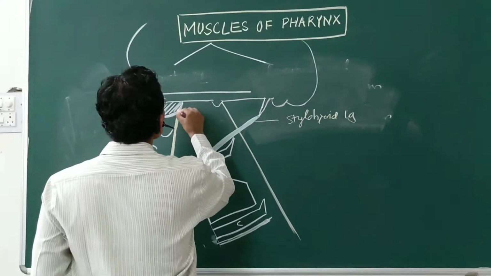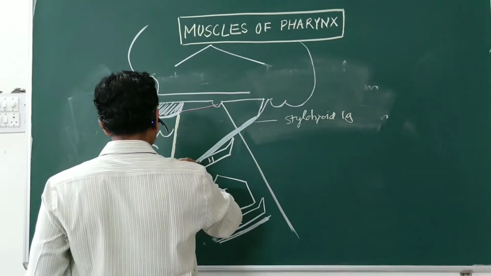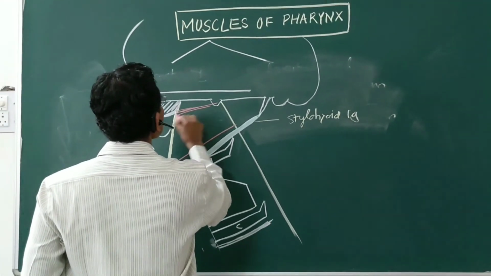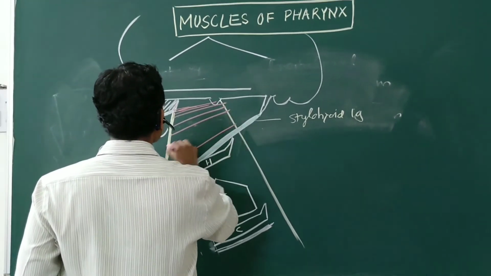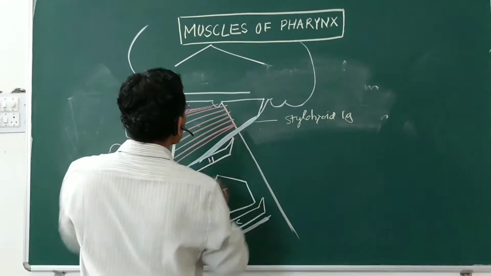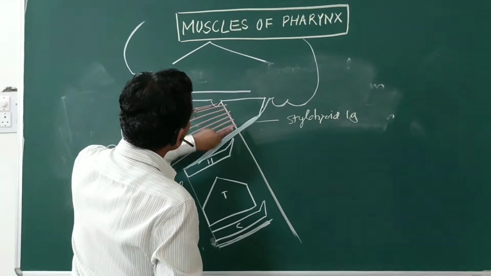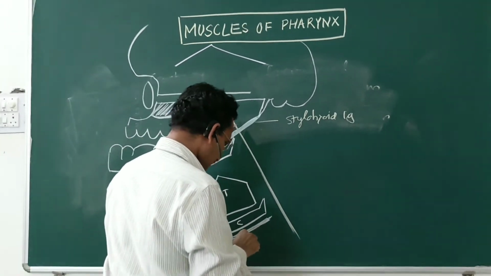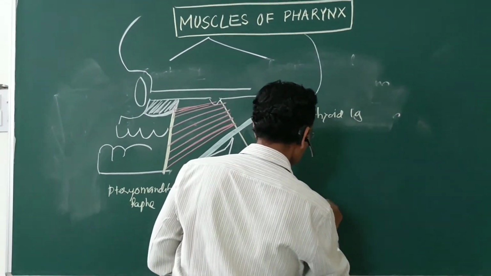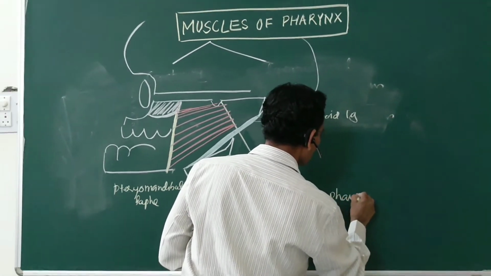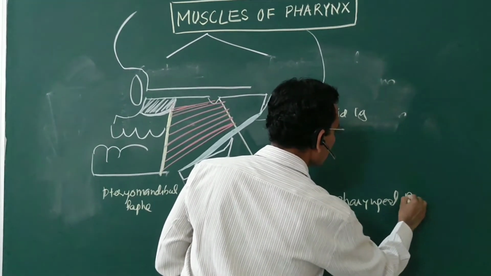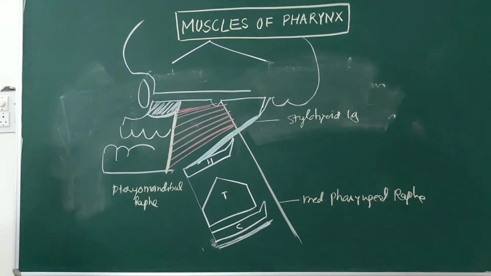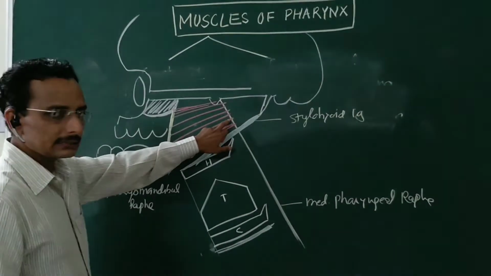This is the pterygoid hamulus, this is the pterygomandibular raphe, and this is the superior constrictor muscle, which is inserted on the pharyngeal tubercle and the median pharyngeal raphe or ligament. So this is its origin and this is its insertion.